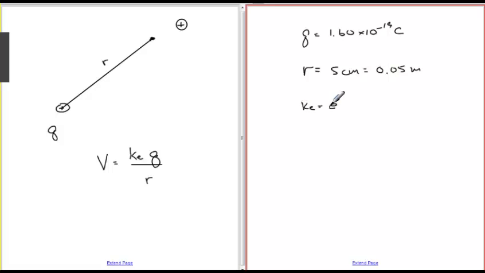And Coulomb's constant is 8.99 times 10 to the 9th. The units for Coulomb's constant are Newton meters squared per Coulomb squared. So you just plug those in, and you find the voltage at a point 5 centimeters from a positively charged particle.